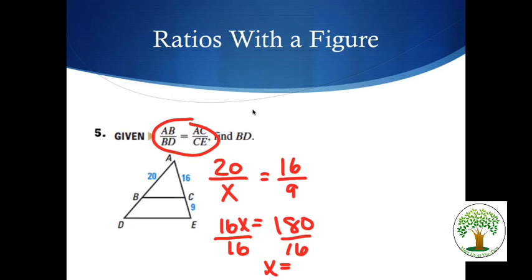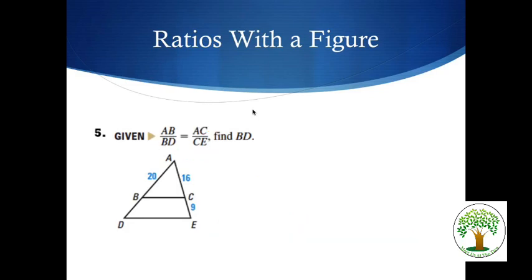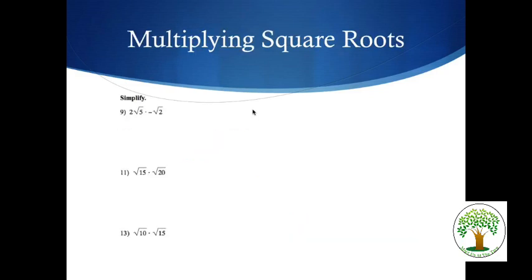What'd you get for your decimal? 11.25. I want to see if your calculator might even convert it. You got 45 over 4. Is that correct? Yes. There's no decimals in the original, so no decimals in the answer. All right, that's how you'll do it, very similar to number 6.